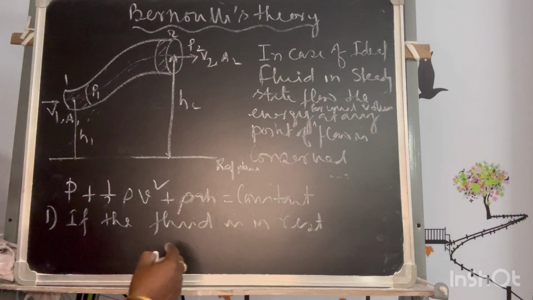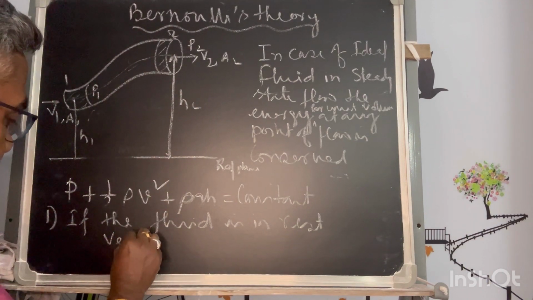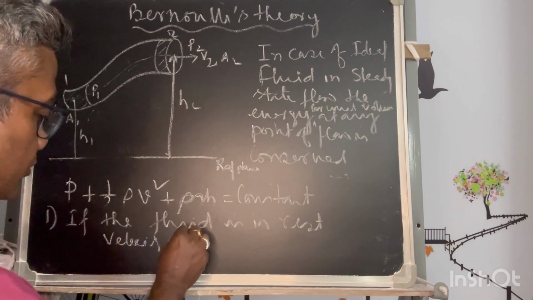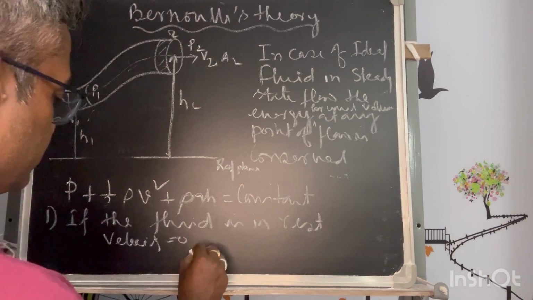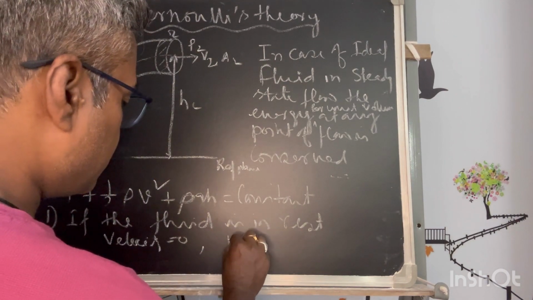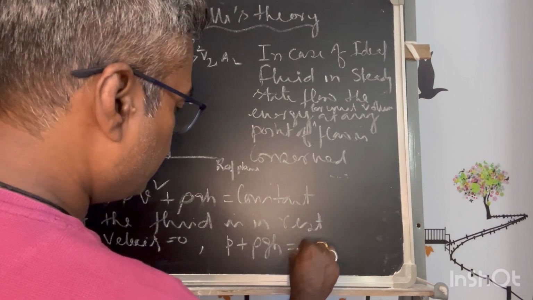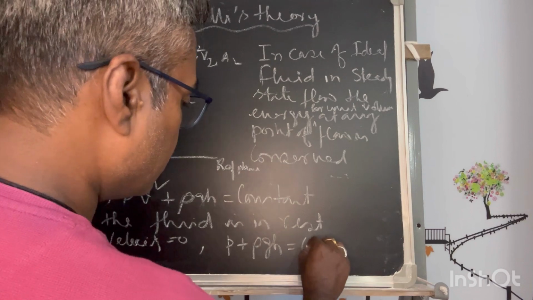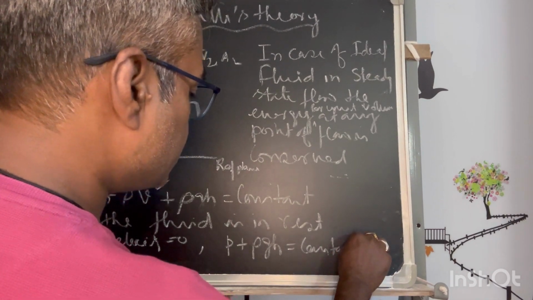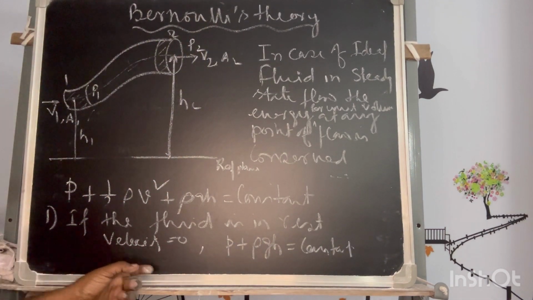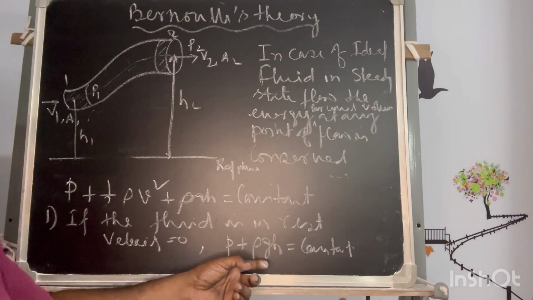So when it's at rest, that means velocity is equal to 0. Putting velocity equal to 0, I get pressure energy plus rho gh is equal to a constant. So in case there is no velocity, what are your pressure energy and rho gh?